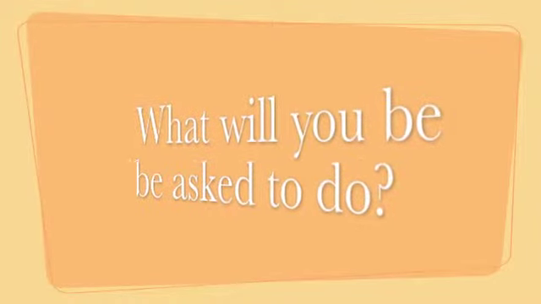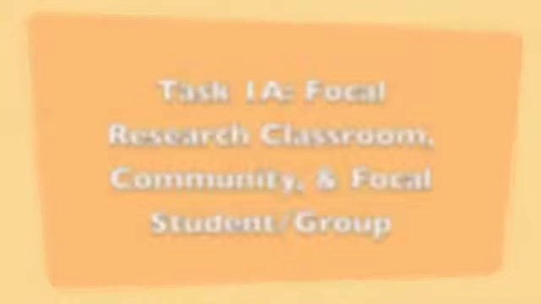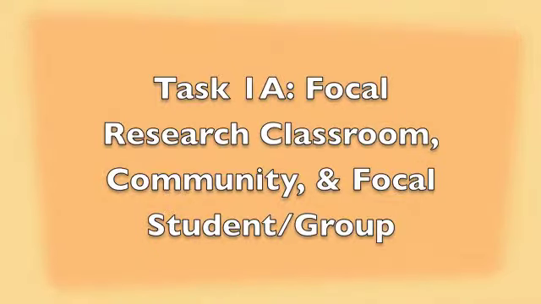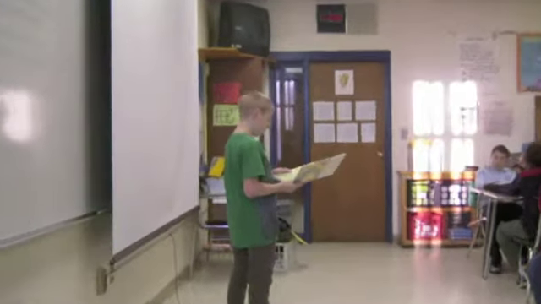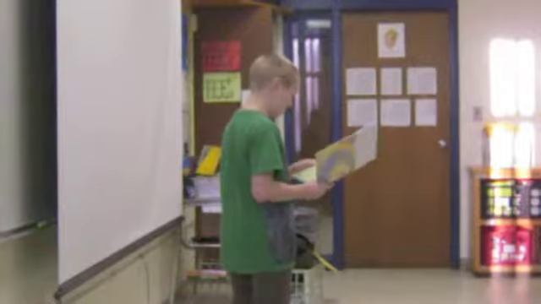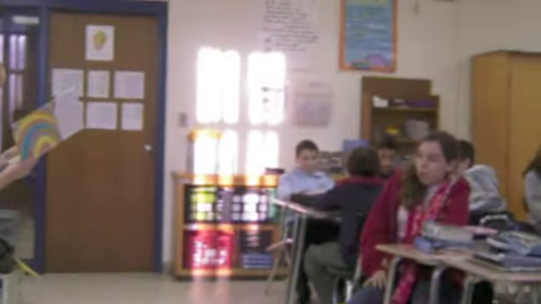Okay, so what is the curriculum unit? There are three tasks. The first task includes a focal assignment that requires you to research your classroom community, the broader community in which that classroom is situated, and then to look at individual students in your classroom. Ideally, you'll pick a focal student and a smaller focal group to really pay attention to, design very specific scaffolds and support for those students, assess their learning, and then reflect on what you might do differently based on their needs after your teaching.